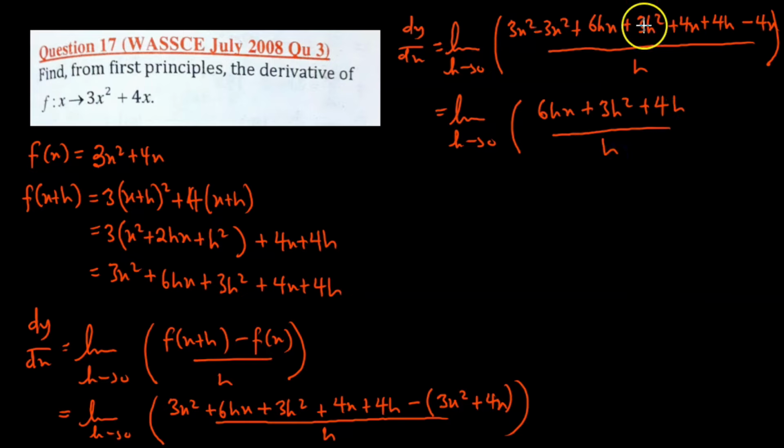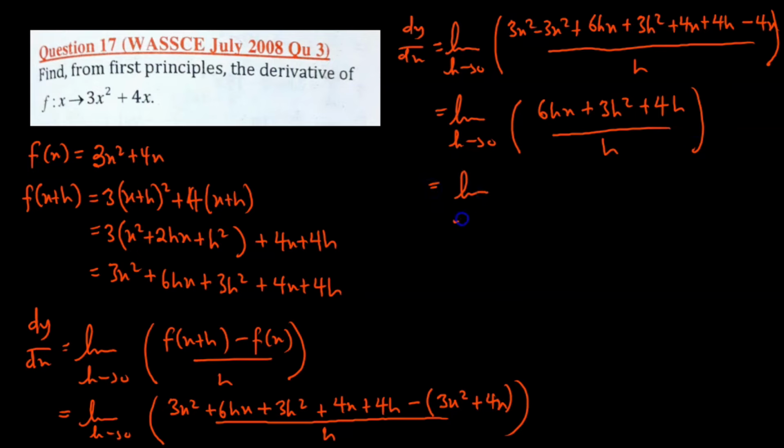Remember, this is gone. That is also gone. 4x and negative 4x. So we are left with 6hx, 3h squared, and then 4h. If you look at it carefully, still you cannot actually substitute for h. Therefore, we need to factorize out.